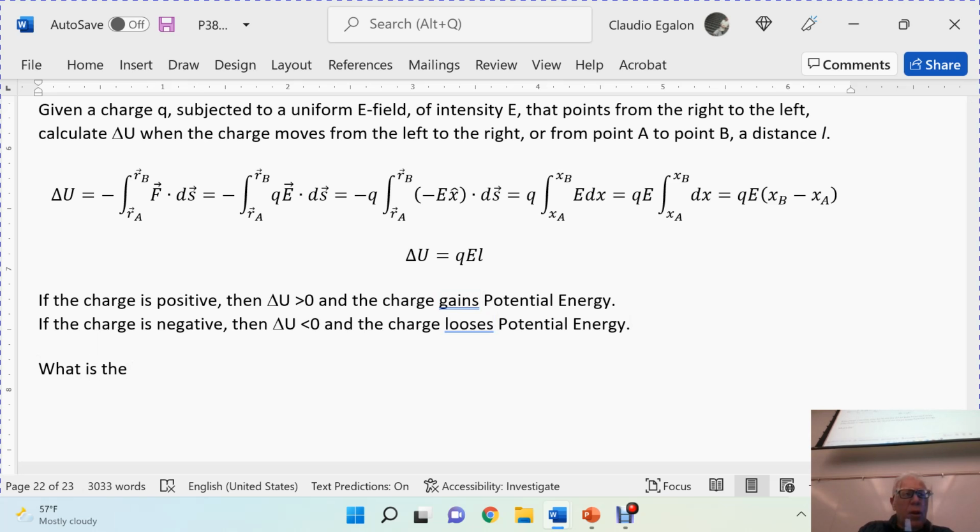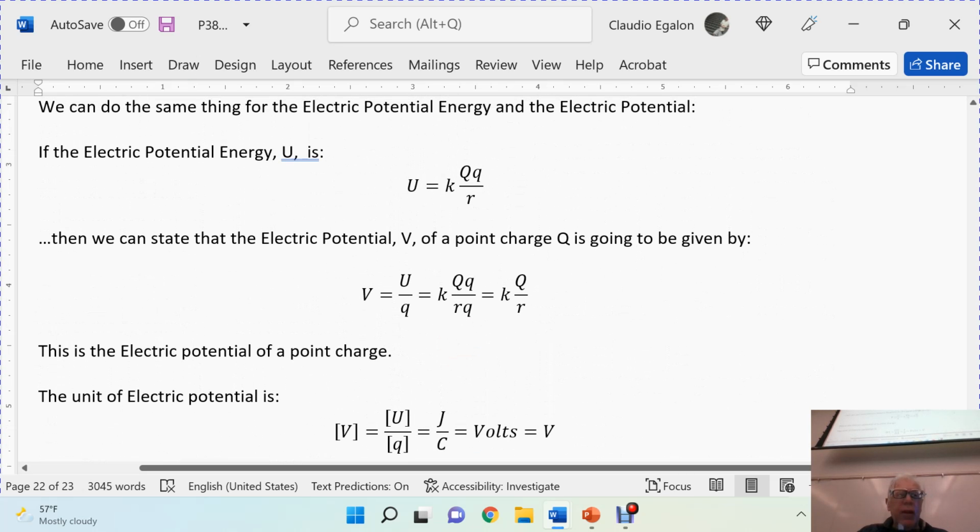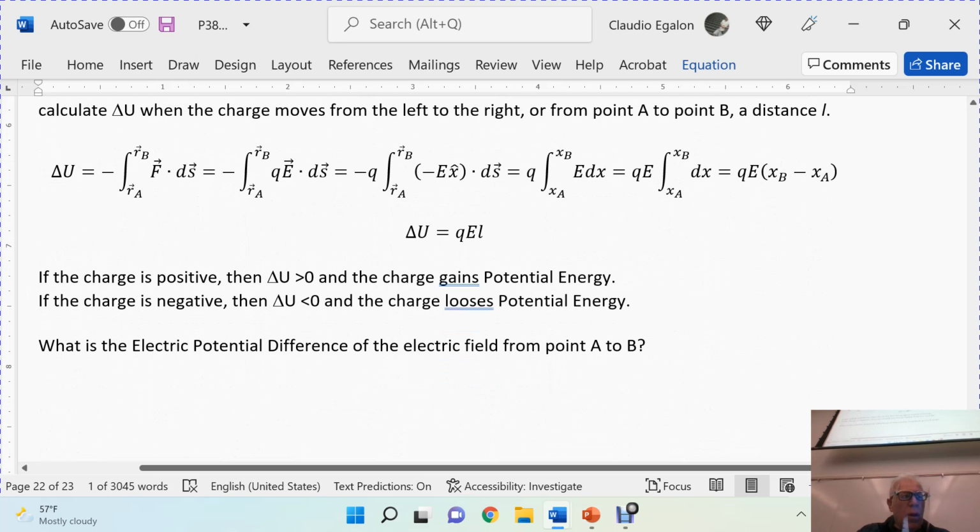What is the electric potential difference? Electric potential, not energy, but the electric potential difference of the electric field from point A to B. Okay, so we go ahead and we use the definition of electric potential.